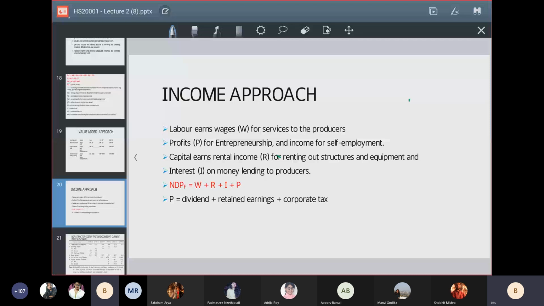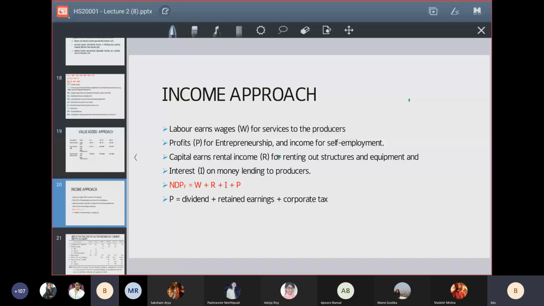Here the profit is equal to your dividend products, retained earnings plus your corporate taxes, or in other words, here the profit is profit before taxes.